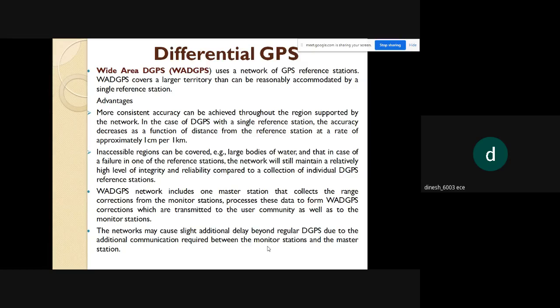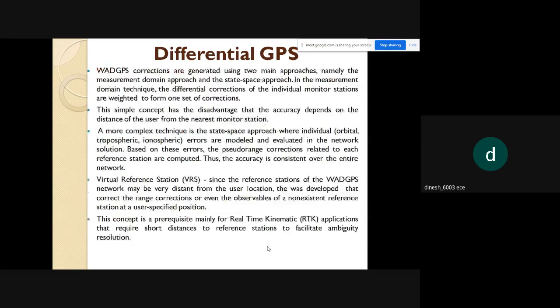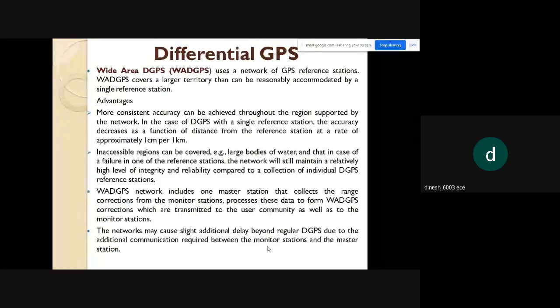The advantages of WADGPS: first, more accuracy. Second, larger coverage. We can cover large bodies of water, rivers, with a single reference. Only one reference station is enough such that we can accurately measure whatever surveillance or navigation we require.